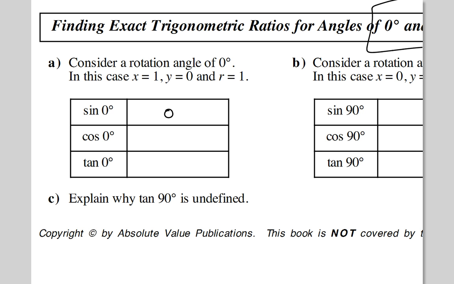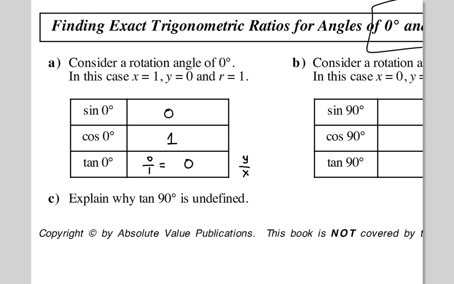And what was the x value? And the tangent value, you have to be careful with the tangent, because remember what the formula for tangent was? Y over x. So what's the y value divided by the x value? Is it 0 over 1? And that's okay, right? 0 groups of 1 is 0.